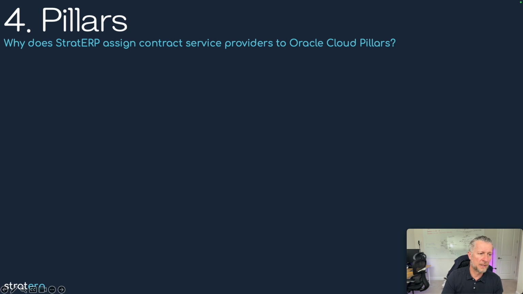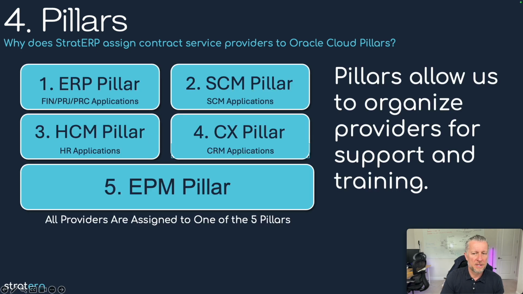Slide 4, why does Strat ERP assign contract service providers to Oracle Cloud Pillars? Well, this is largely in the functional space, to be honest, or what we call the application-specific or the operations world. But pillars allow us to organize different providers for support and for training. So if you are in the finance, projects, procurement world, a lot of those activities or business processes are linked.